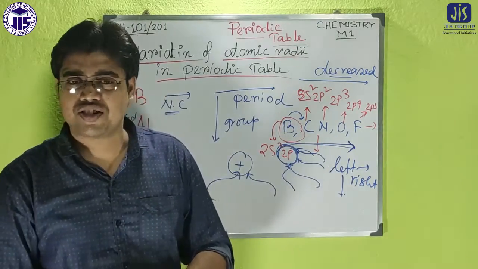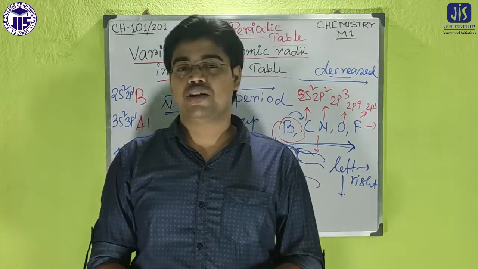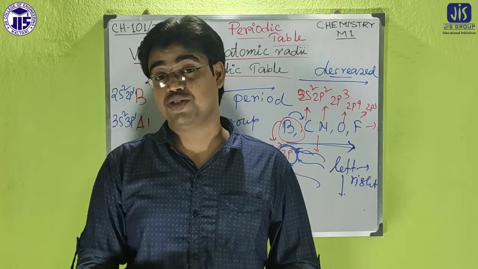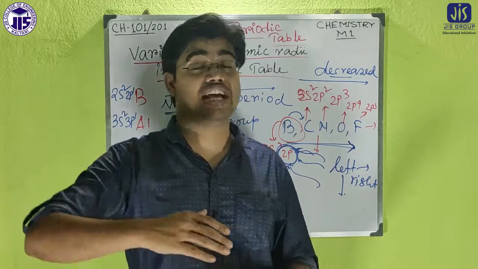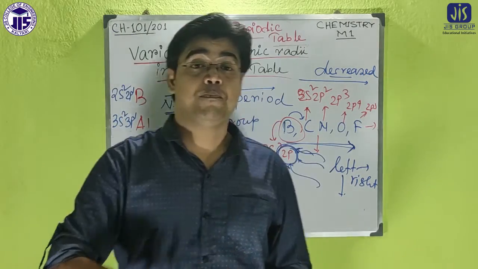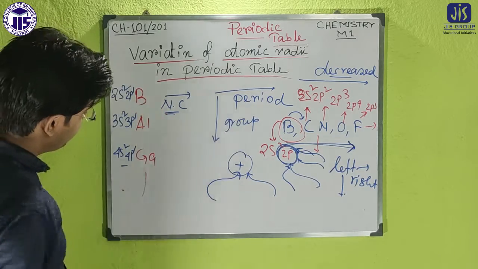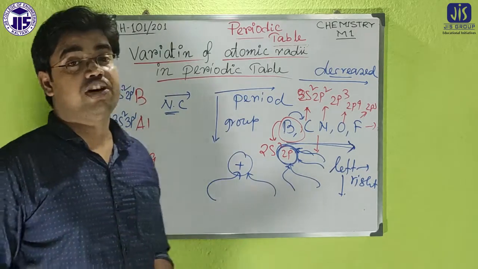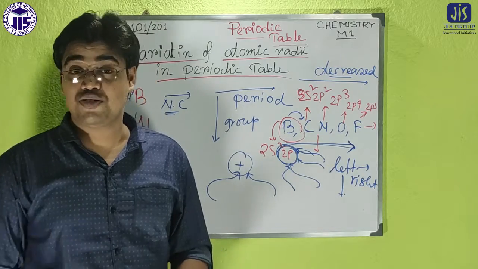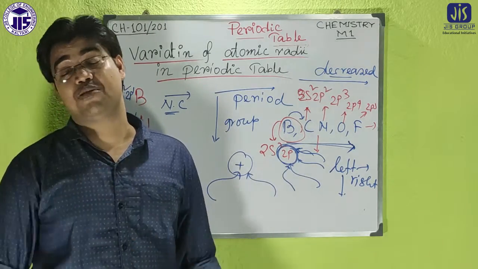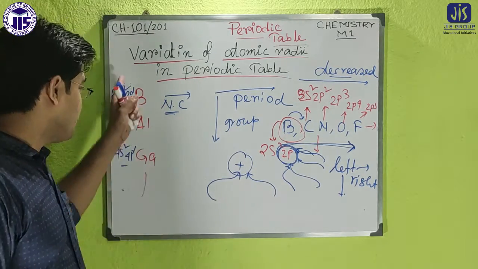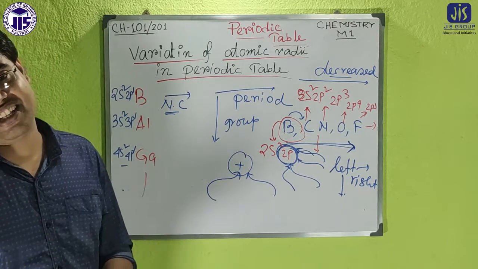When an extra shell is added, the nuclear attraction force is not sufficient to attract the outermost shell as we move from top to bottom.